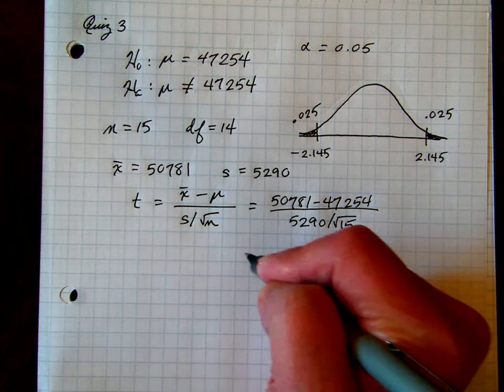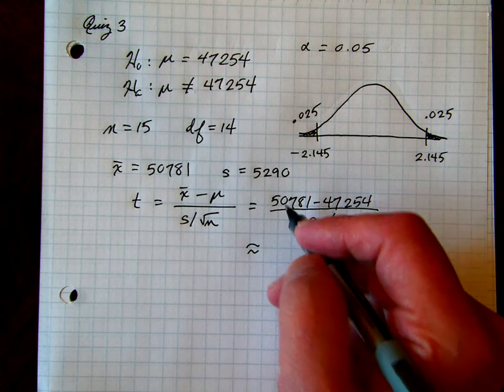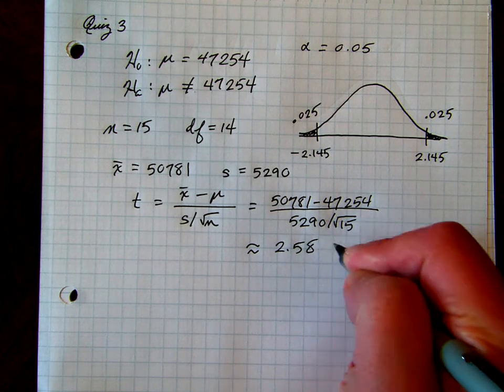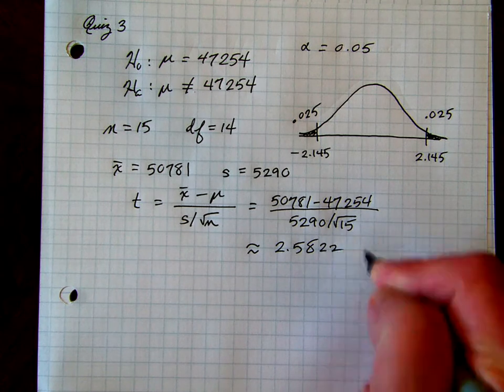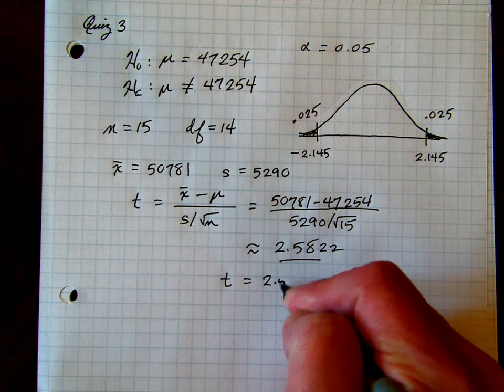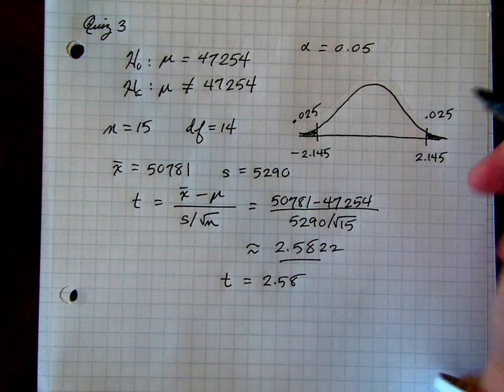Grab your calculator, do a little bit of crunching, and you find out that you have 2.58. So T is 2.58. Where is that on our T distribution? Well, it's way over here.